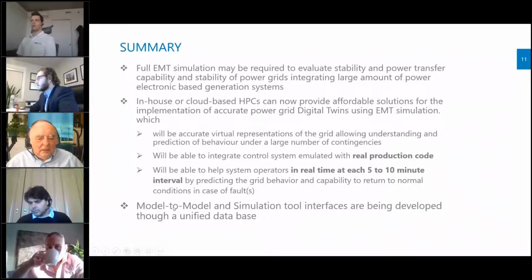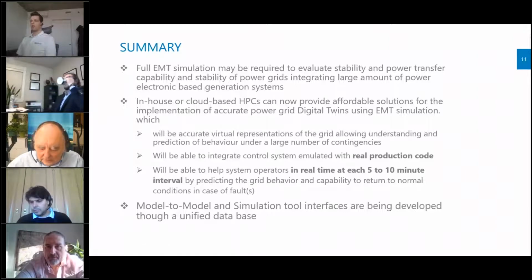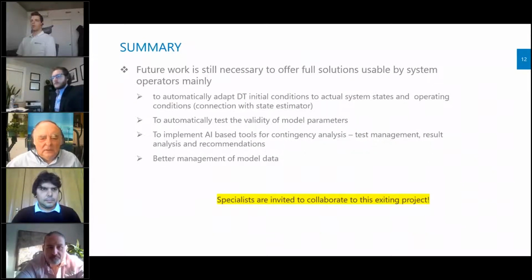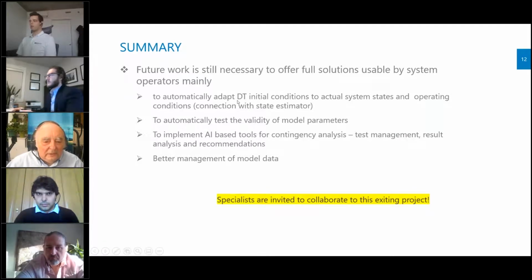And now we have demonstrated also that model-to-model interface and simulation tool interface is now possible using a database. But there is still a lot of development that we have to do over the next years: how to automatically adapt the digital twin to initial conditions and connect it to the state estimator, how to get the real version of the controller, and how to test the validity of the model parameters, because many modifications can happen in the field without knowing it.